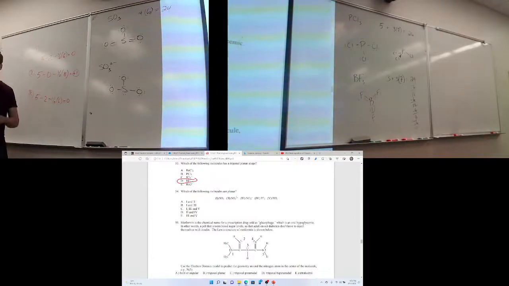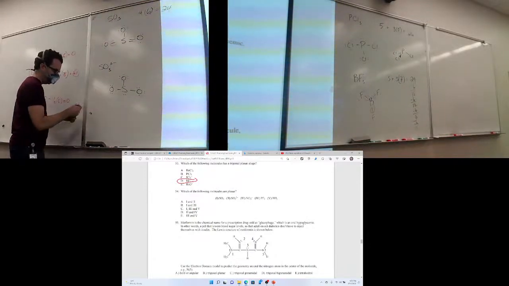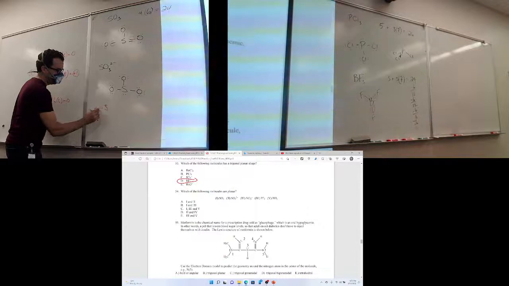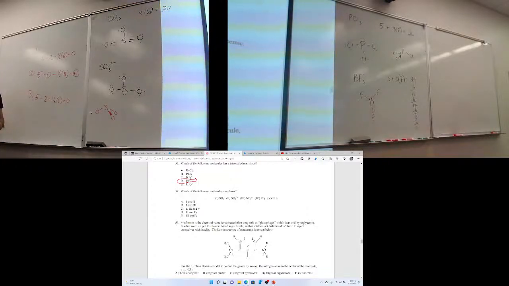So that's not planar. That is tetrahedral electron geometry, and then when you do the molecular geometry, it's trigonal pyramid. I mean, it looks like this, if you ignore anything else. So that's not planar. 2 is not planar.